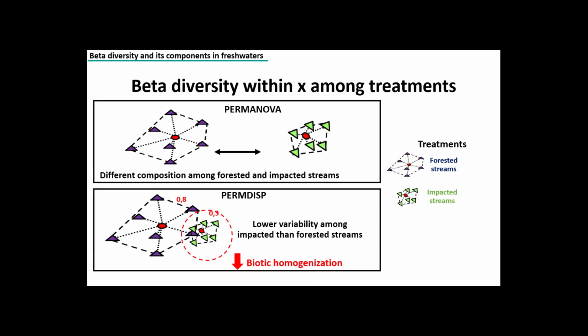Here, the variability is lower among impacted streams than among forest streams, which is suggested by the smaller polygon here for the impacted streams. The lower beta diversity here indicates a process of biotic homogenization.